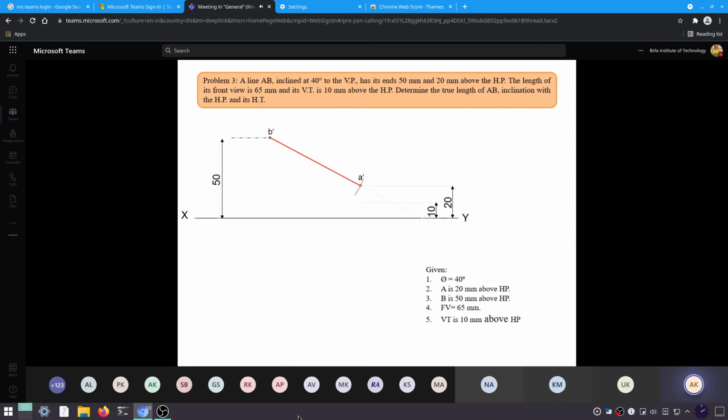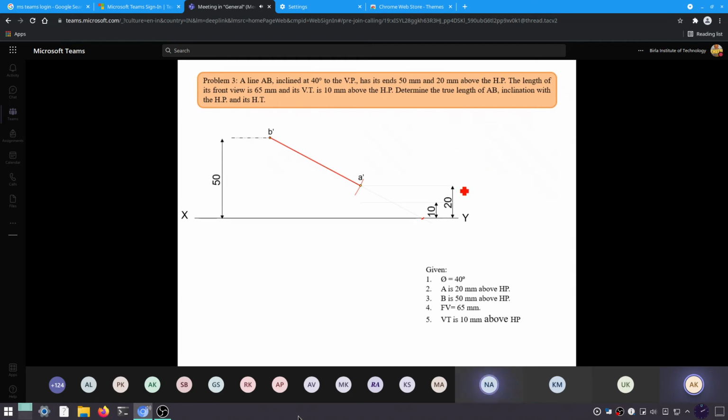Can you use your previous information? If we extend our front view, the meeting point with the XY line will give you the value. What will we get over here? I told you to remember.